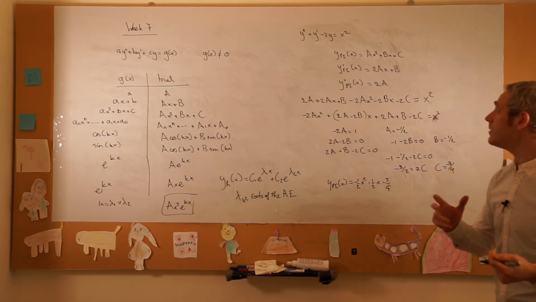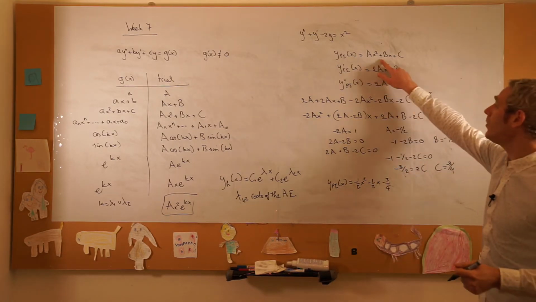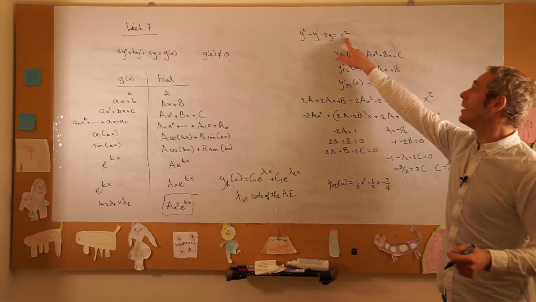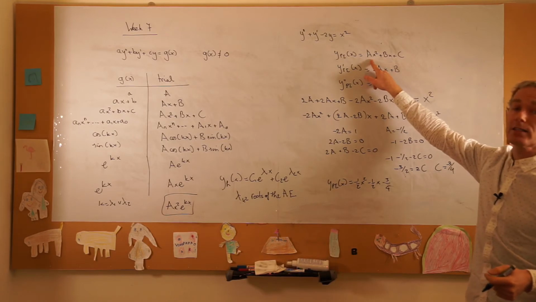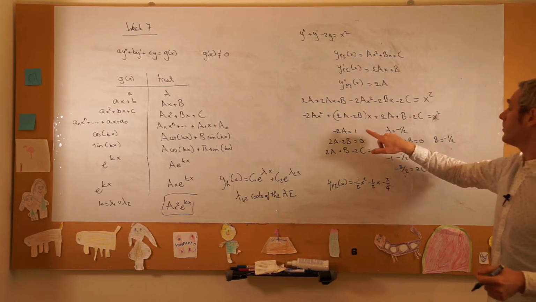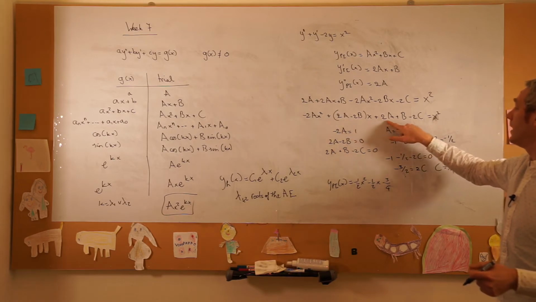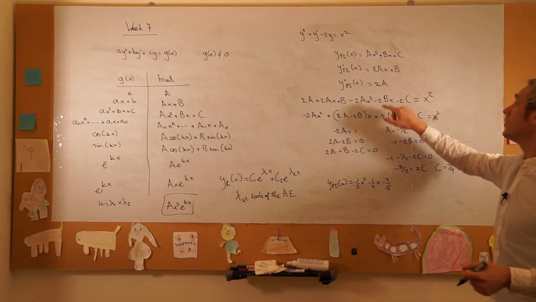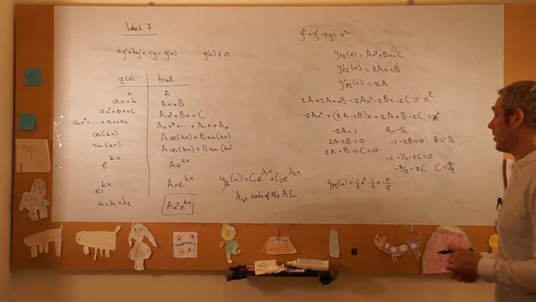Now it is very important that we take the full second order polynomial. If we just had, say, ax squared, you'll see that you'll run into trouble because you cannot match the a's here with the terms for x and the constant term. So you need the full second order polynomial.